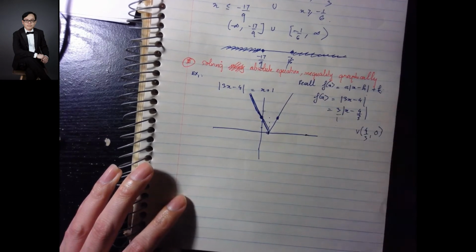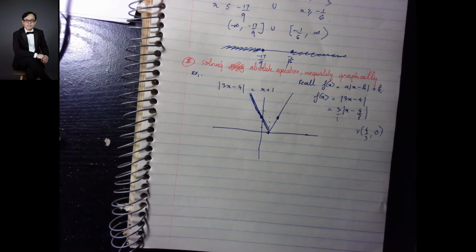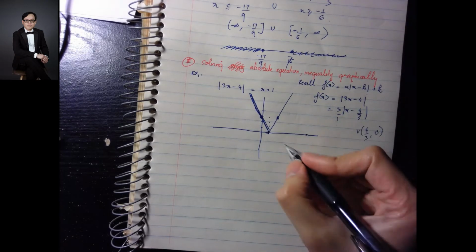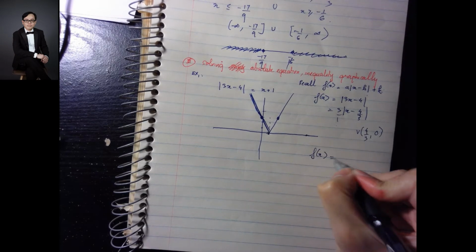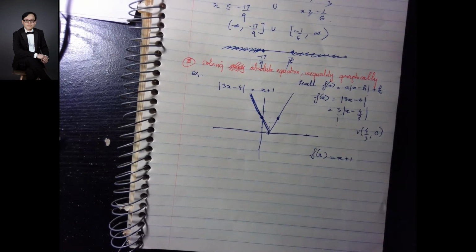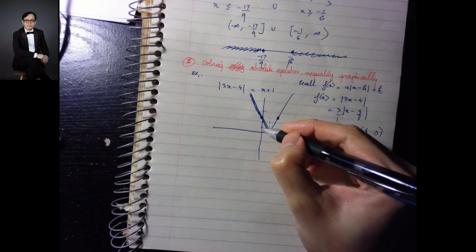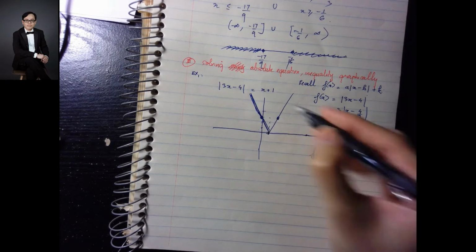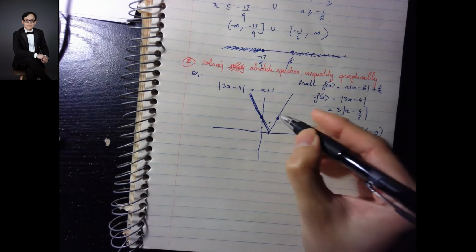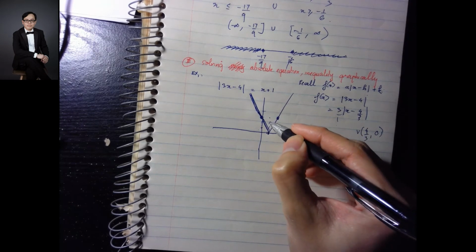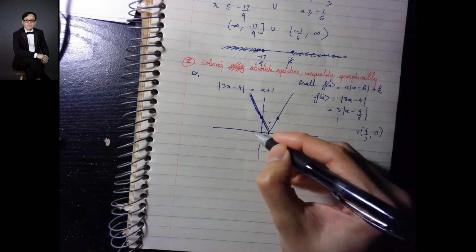The equation on the right side is x plus 1. This is a linear equation in slope intercept form. The slope is 1. The y-intercept is 1. So over here, rise 1, run 1, is increasing. So it's going to be like this. There you go.